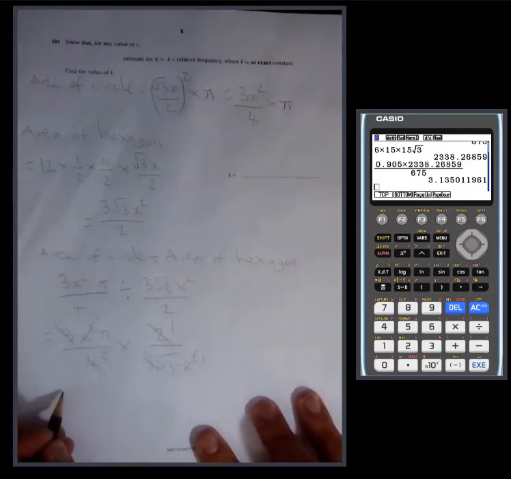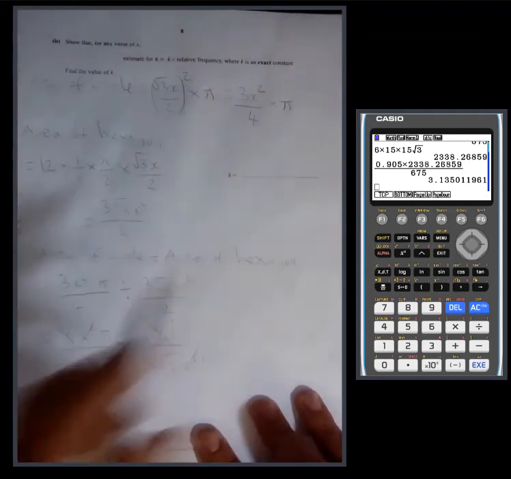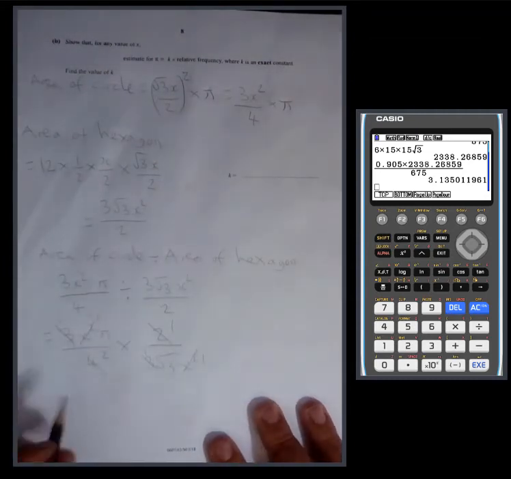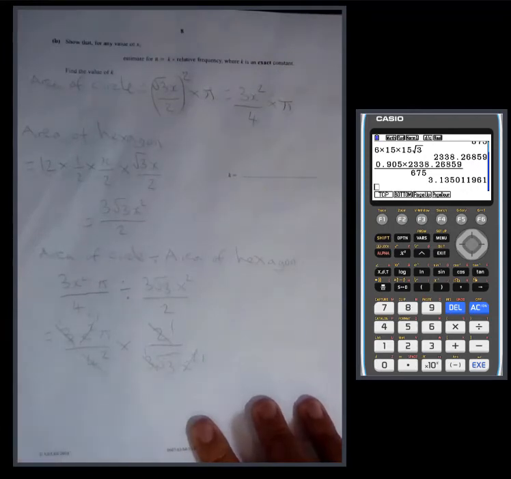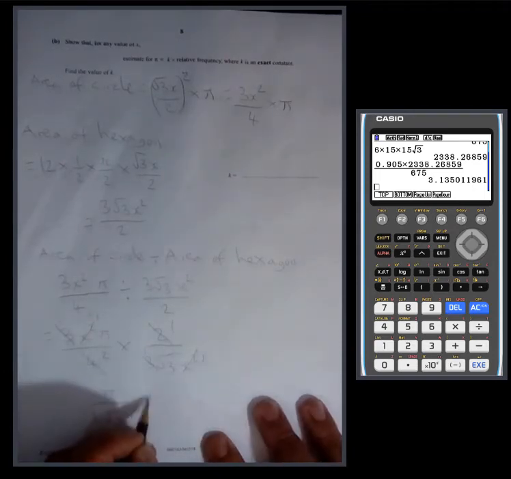So now, remember, area of circle divided by area of hexagon equals relative frequency. So area of circle over area of hexagon is pi over 2 root 3. So pi over 2 root 3 equals relative frequency.